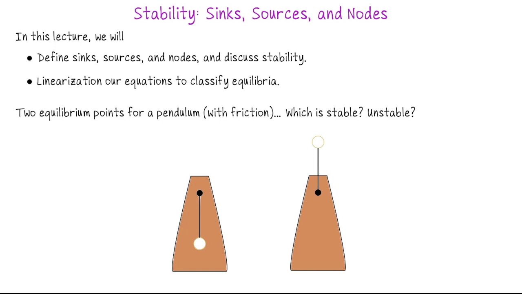You imagine you take the pendulum and you place it perfectly stacked above, say, the hinge, so that there's no reason why it would go left instead of right, and in that way, it's not moving. So both of these positions are like equilibria positions for a pendulum. Which would you call stable, and which would you call unstable?